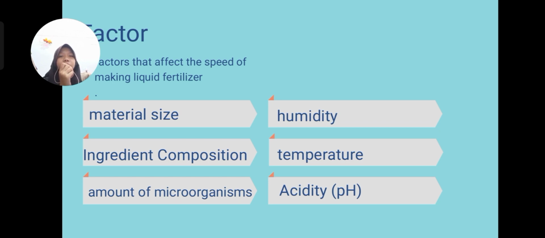Conversely, if the pH value is high, it can be lowered by adding an acid reacting material such as urea or animal manure. The acidity or pH in the compost pile also affects the activity of microorganisms. A good pH range is around 6.5 until 7.5.